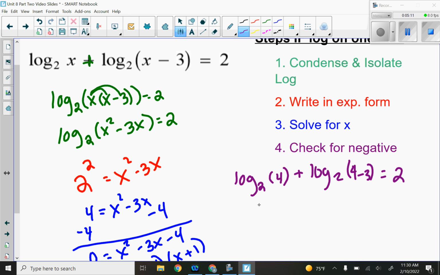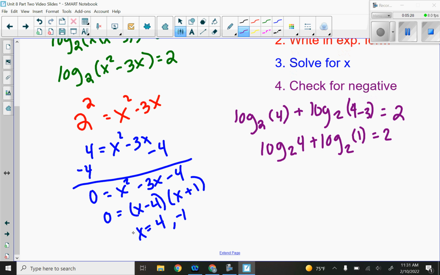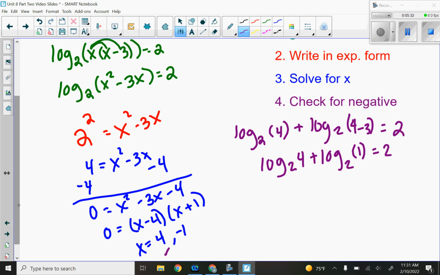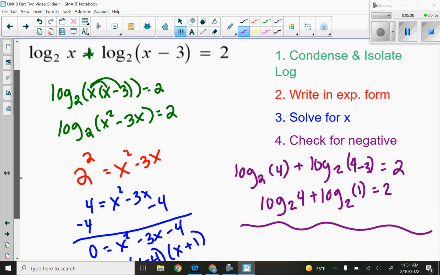So log base 2 of 4 plus log base 2 of 1 equals 2. Neither of those have me taking the log of a negative, so we are check good on x equals 4.